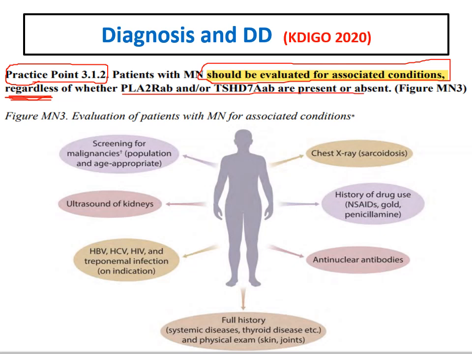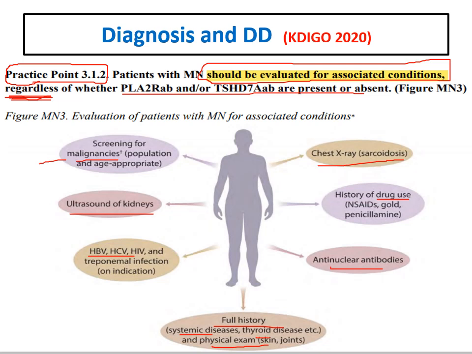We should screen for malignancies, ultrasound of the kidney, virology, full history, systemic diseases, thyroid, and physical examination, antinuclear antibody, drugs like non-steroidal anti-inflammatory drugs, gold and penicillamine, and chest x-ray for the possibility of sarcoidosis and lung cancer.